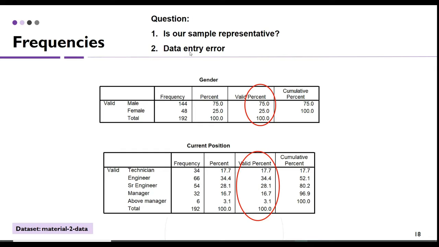The question here is: is our sample representative, yes or no? This table tells us that out of 192 respondents, 144 are male and 48 are female, meaning that 75% of respondents are male and 25% are female.